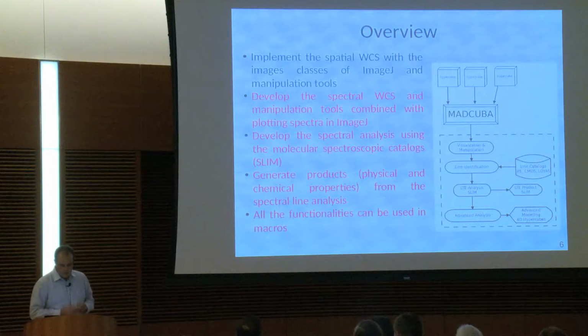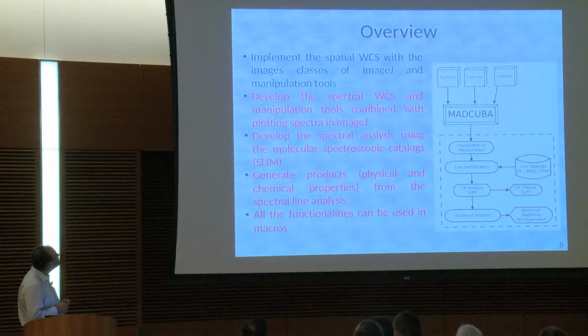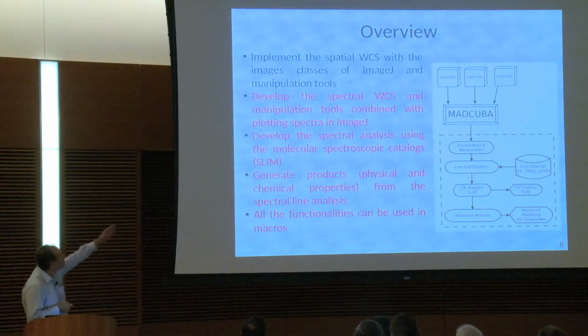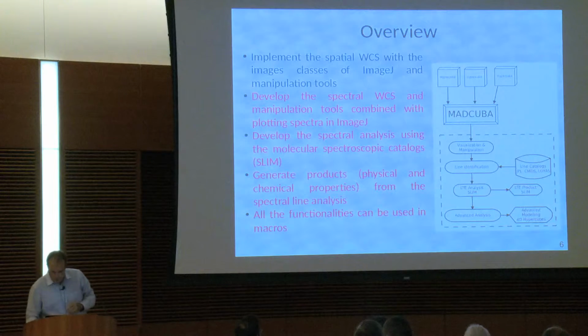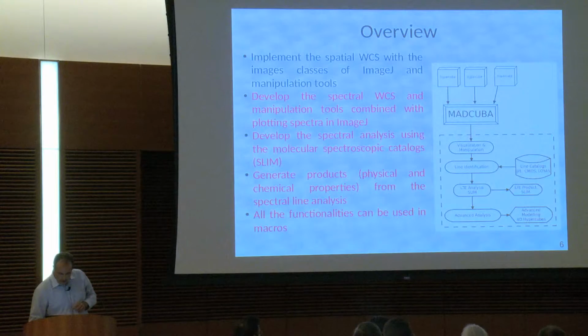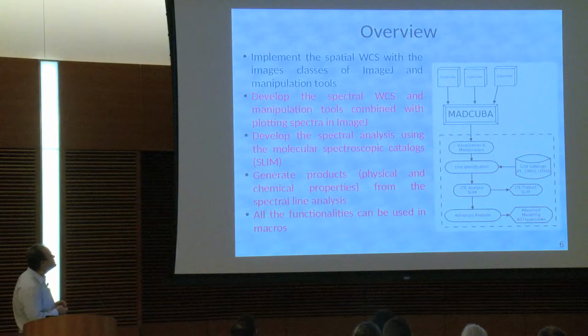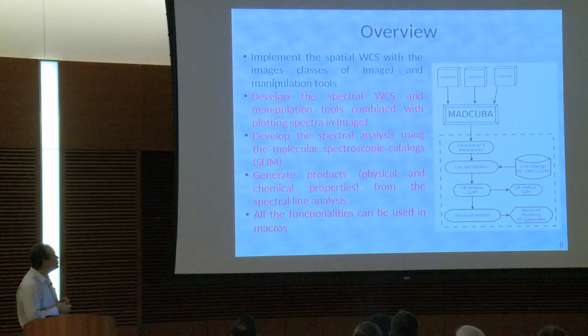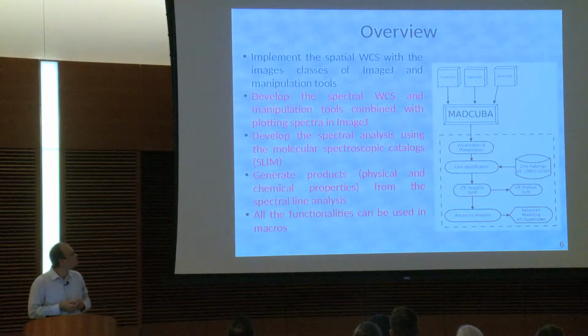So this is how MatCuba works. It takes the cubes with the data. We are now developing until the point that we can take the information, create some spectra, and analyze which molecules are in the data.